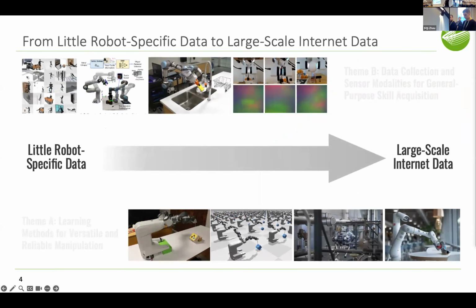And one trend I think we see is that we go from relatively little robot-specific data to large-scale internet data, and see how the large-scale internet data can really help us in robotics, and how, right? And it's still important, I think, to emphasize that these two sources of data are very complementary.